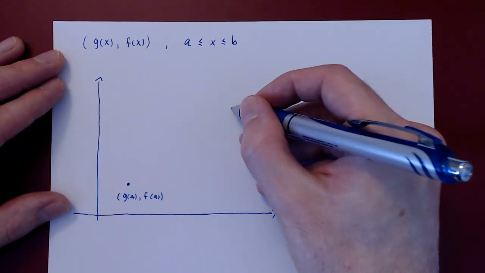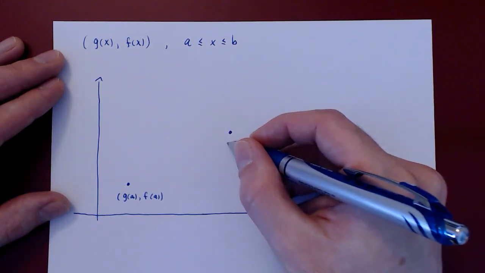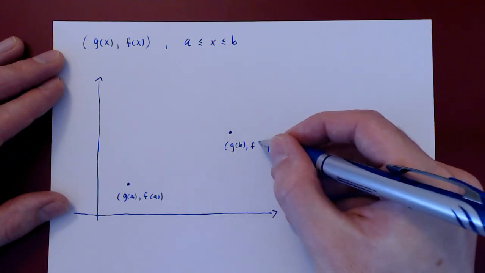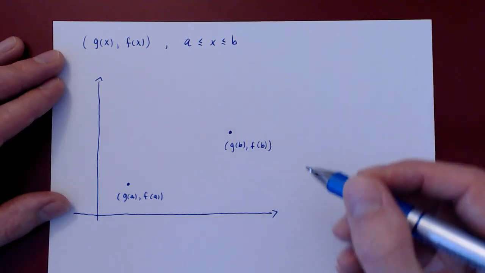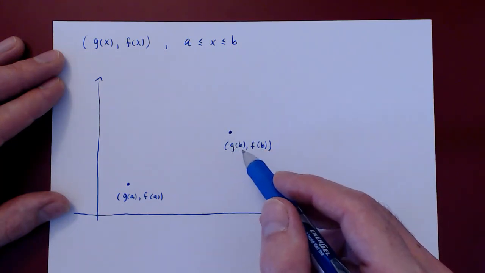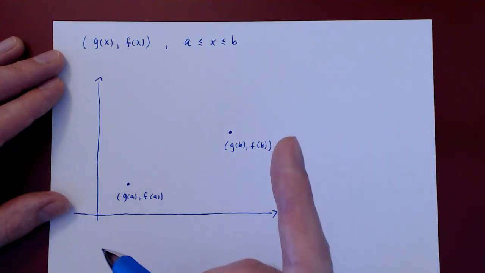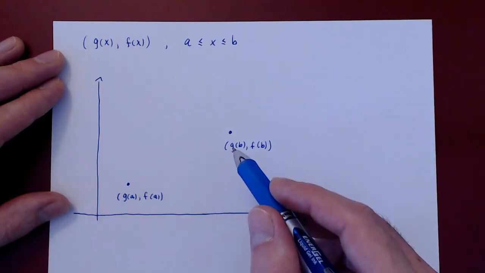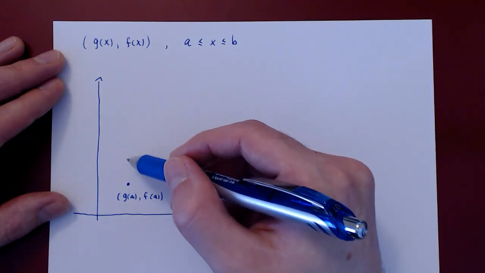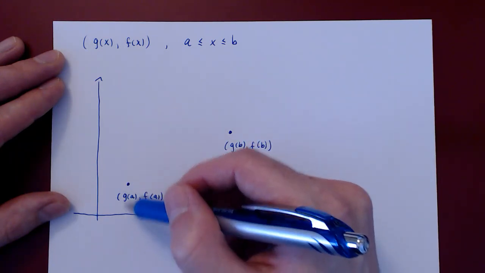Say the terminal point is here at the coordinates g of b, f of b. And you can see I've put this point with a different x-coordinate than the initial point because, recall, we assumed that g of a and g of b were different, so that the point here does not land above or below the point g of a, f of a.